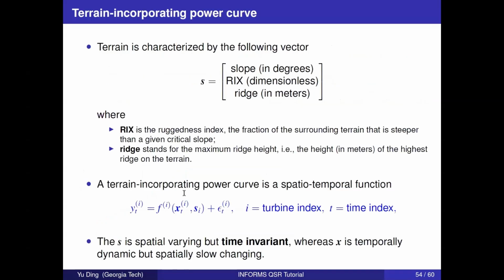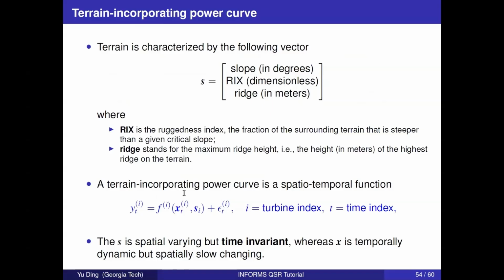So the set of data we released actually has 3 characterizations of the terrain: slope in terms of degrees, right? Rx, which is really the ruggedness, the roughness of the terrain, is dimensionless, it's really a fraction. And also the ridge, which is the increase in height over a certain range in meters.